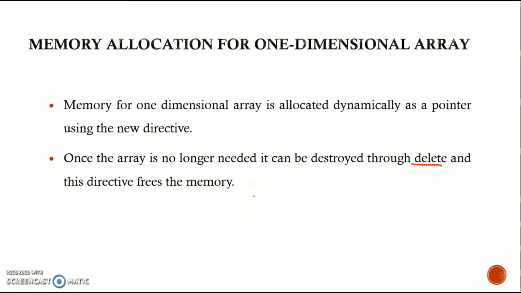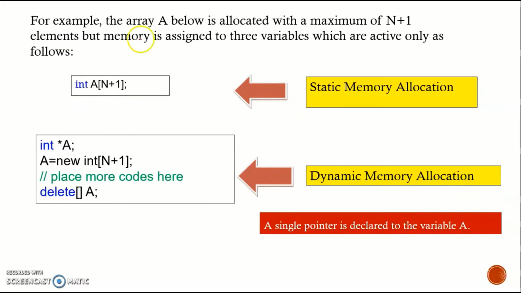Okay, so let's look at this. For example, the array A below is allocated with a maximum of n+1 elements, but memory is assigned to only the variables which are active, as follows. You declare this array A of n+1. Once you do this, it is called static memory allocation.